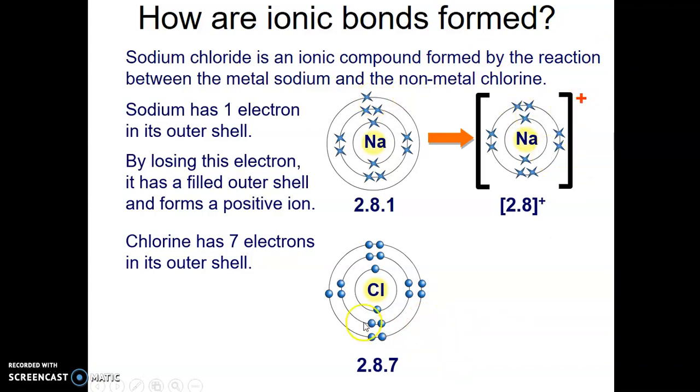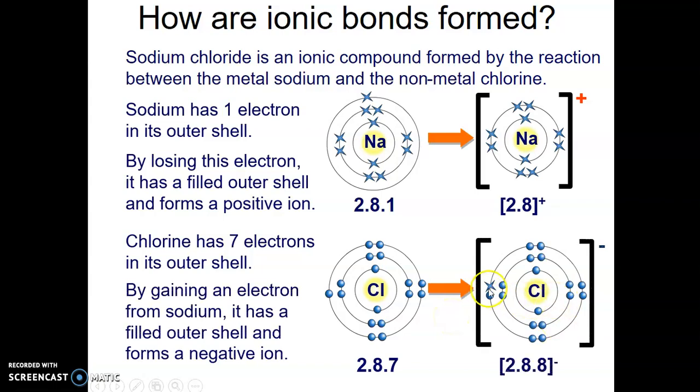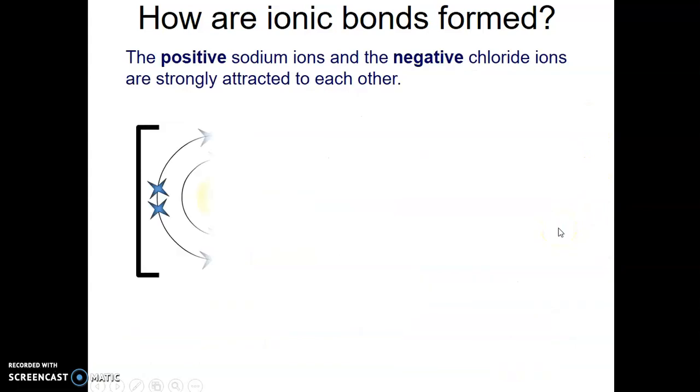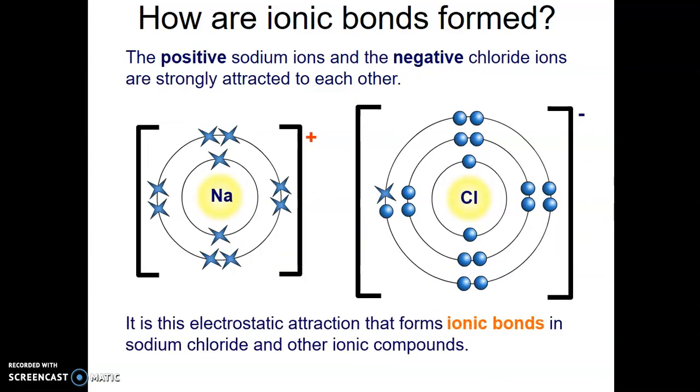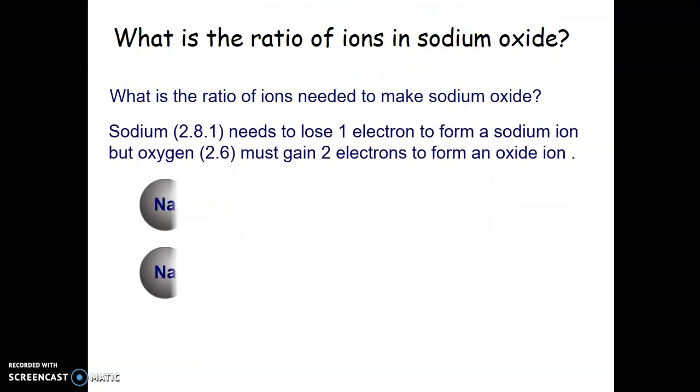Chlorine has space for 1 electron in its outer shell, because it's got 7, so it gains that electron from sodium, there it is, and it becomes negative. And then the bond is formed between the two of those, it is the attraction between the positively and negatively charged ions.